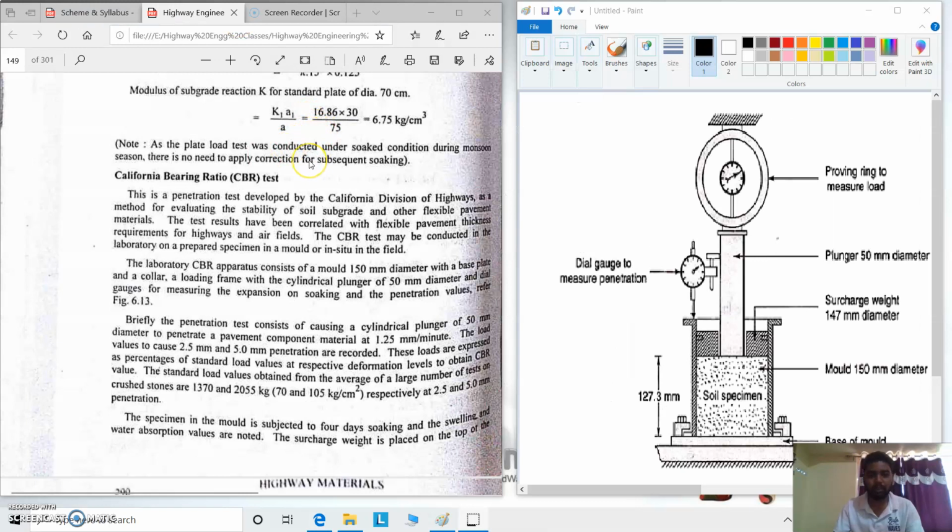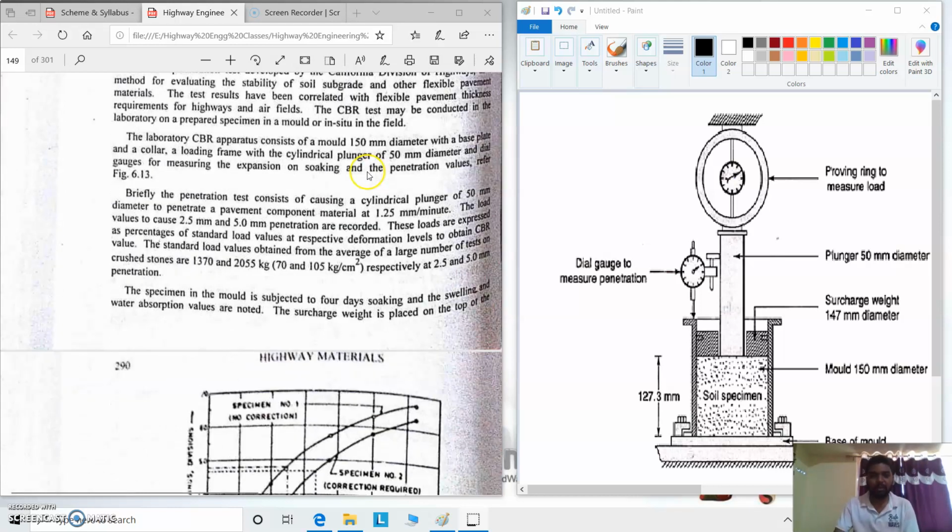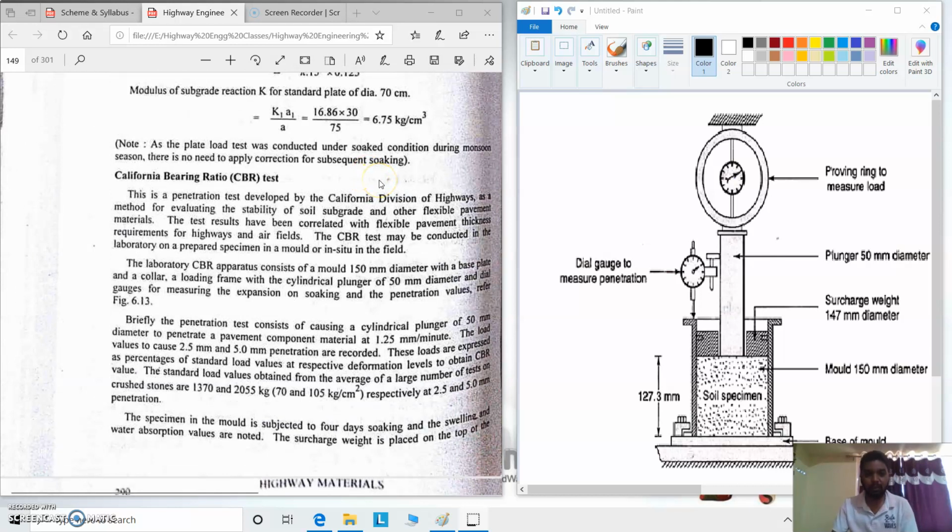In this CBR test, that is the California Bearing Ratio test, you have a material, aggregates, and you have to check the strength of that aggregate which you are going to use in subgrade soil. So here you will have an apparatus.